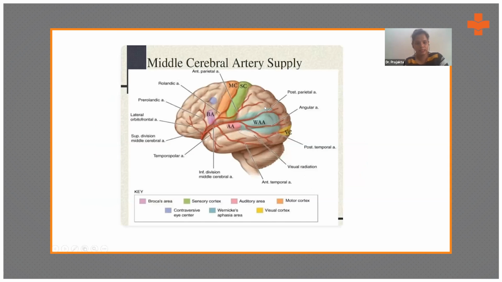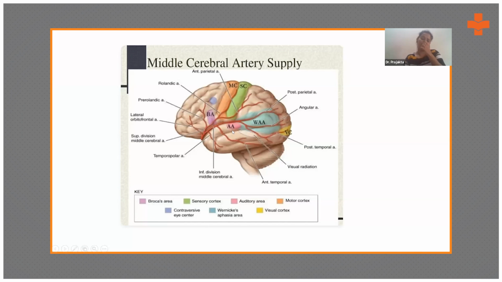We can see here, the superior part of the middle cerebral artery supplies the anterior portion, as I described earlier, Broca's area, the motor area, and the inferior part of the middle cerebral artery supplies the posterior part, that is the post-Rolandic area or the superior temporal gyrus.